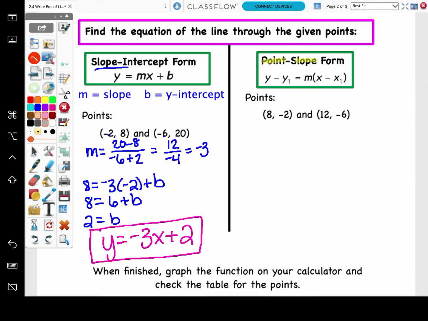So I was given in that example 2 points, but it's a good thing I know how to find slope from 2 points. So I can use point-slope form. So let's find our slope. Negative 6 minus negative 2 and 12 minus 8.